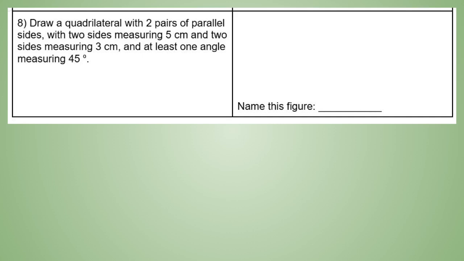All right, this is the last question. It's number 8. It says draw a quadrilateral with 2 pairs of parallel sides, 2 sides measuring 5, 2 sides measuring 3, and at least 1 angle at 45. Okay, so let me write down my options.